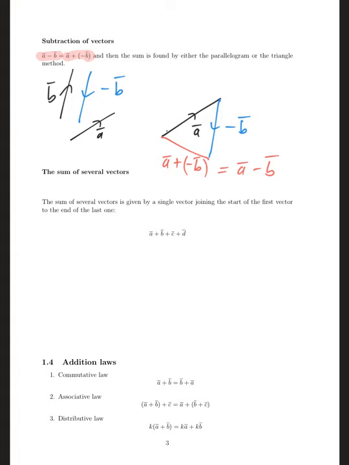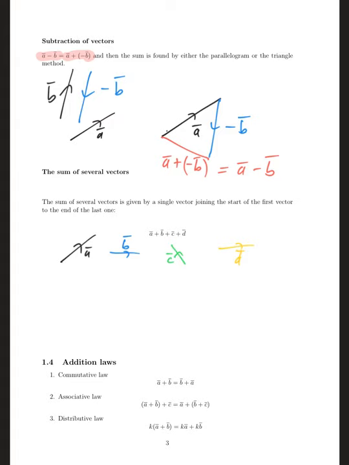Now, what if I want to add together more than two vectors? Well, you can extend that triangle rule and just join the start of each vector to the end of the last one. So if I have, let's say A, B, C, and D. Let's say that's them.